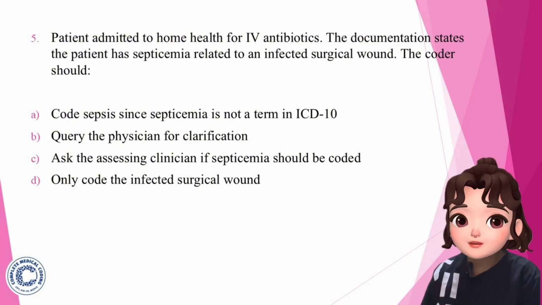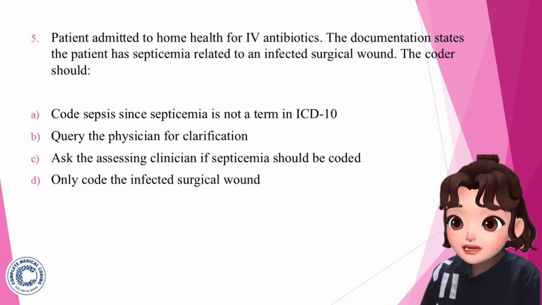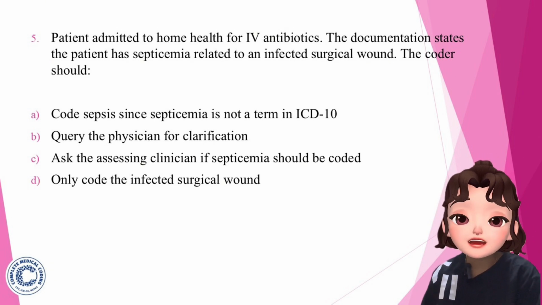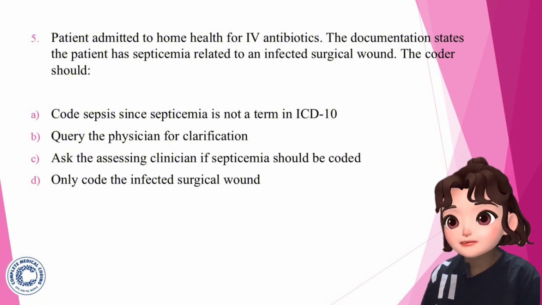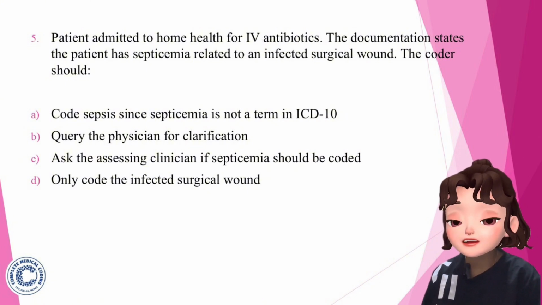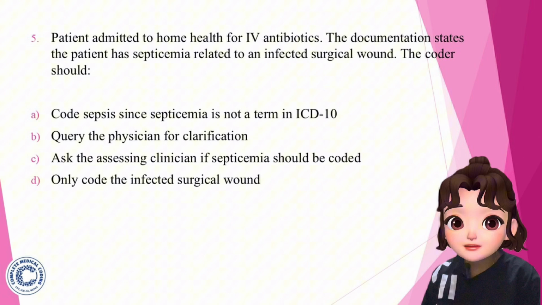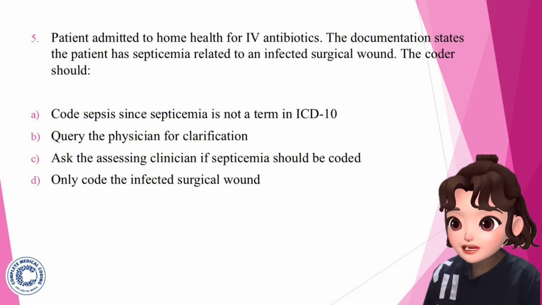So here the patient has been admitted for IV antibiotics, for getting antibiotic injection through IV. The documentation states that the patient has septicemia. I had already taken the guidelines for coding sepsis just 1 or 2 episodes before, right?